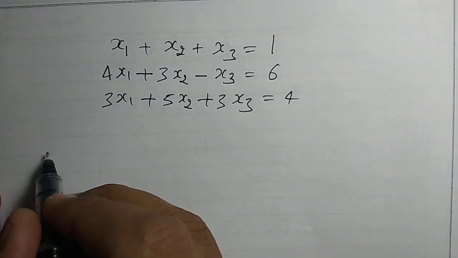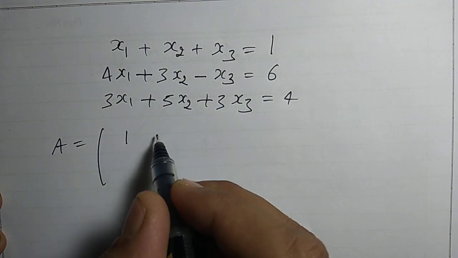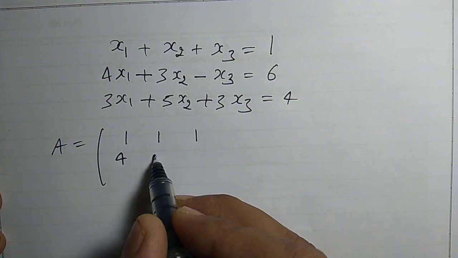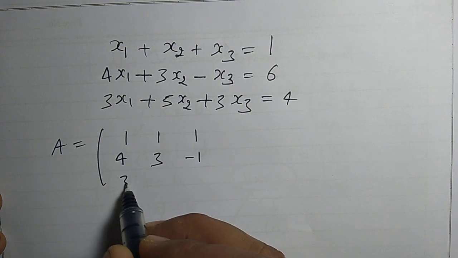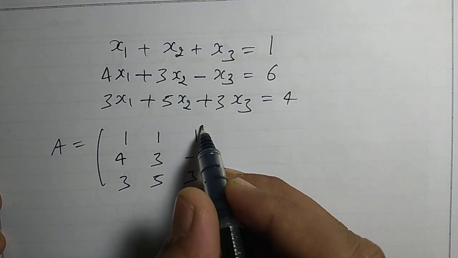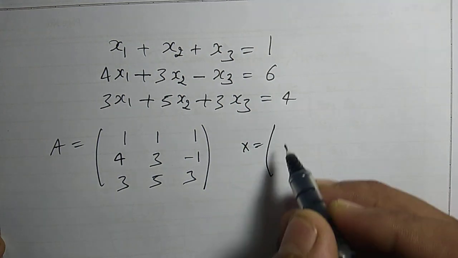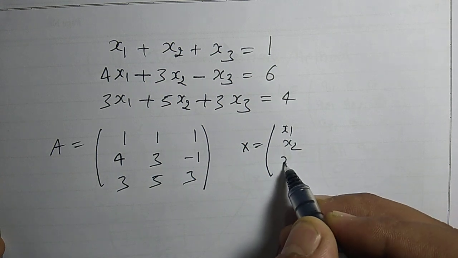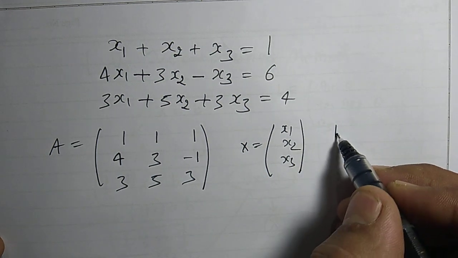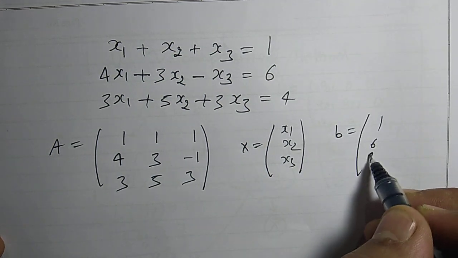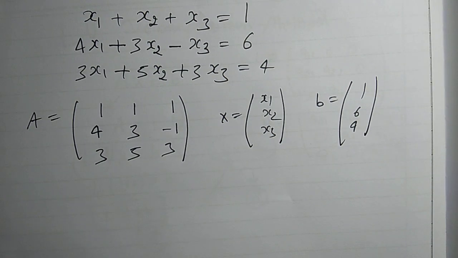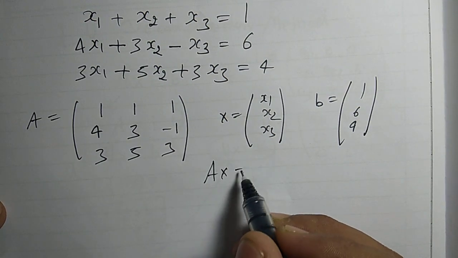So your coefficient matrix A is [1, 1, 1; 4, 3, -1; 3, 5, 3], X is x1, x2, x3 and B equal to 1, 6, 4. So your system of linear equations is Ax equal to B.